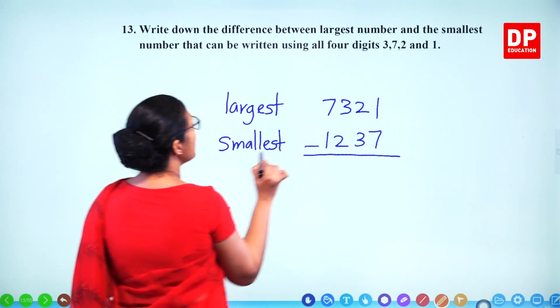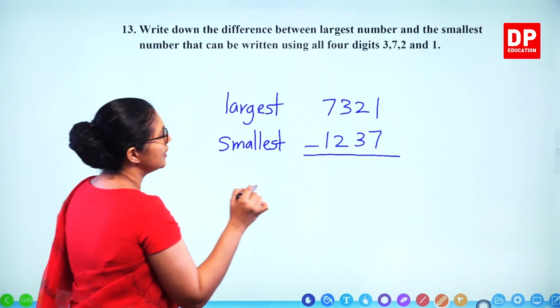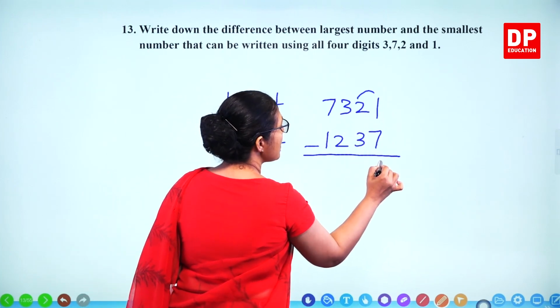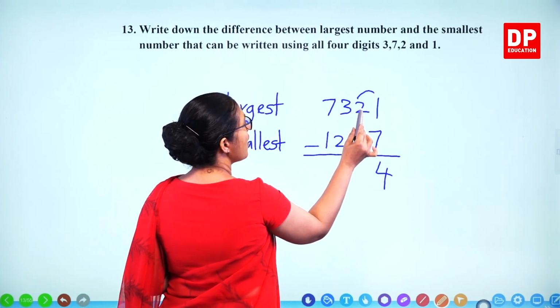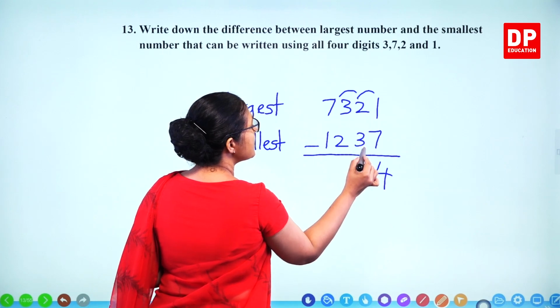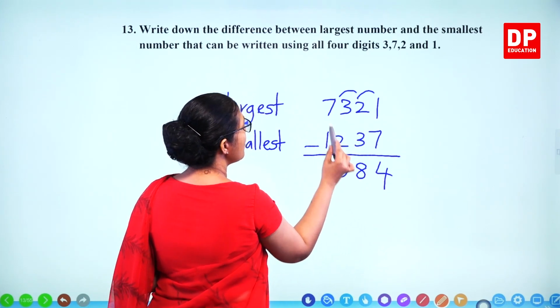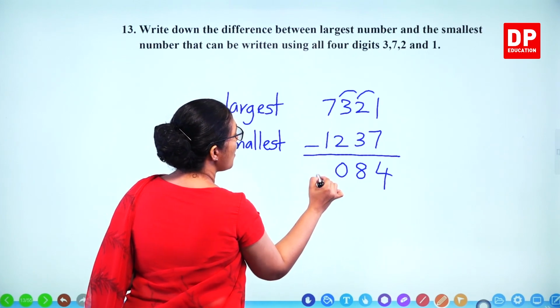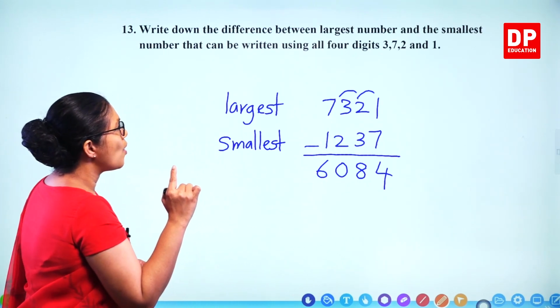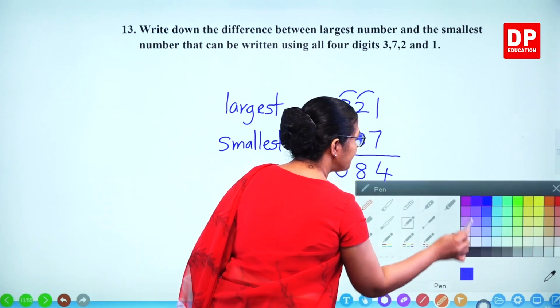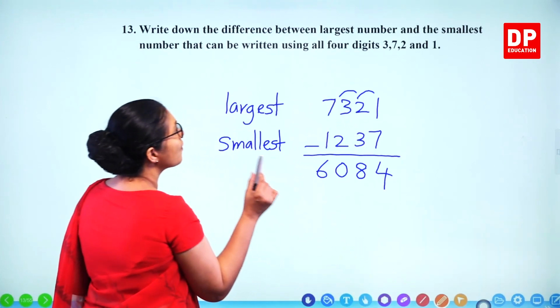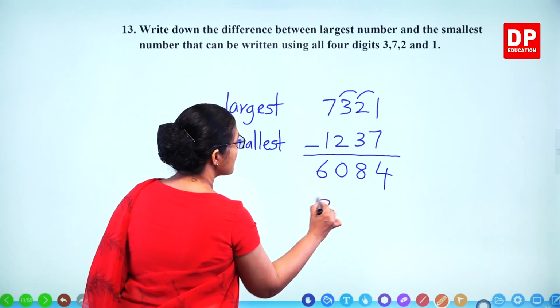Then we need to take the difference. 11 minus 7, that's 4. This becomes 1. 11 minus 3, 8. This becomes 2. 2 minus 2, 0. Then 7 minus 1, 6. 6084. So you get 2 marks.